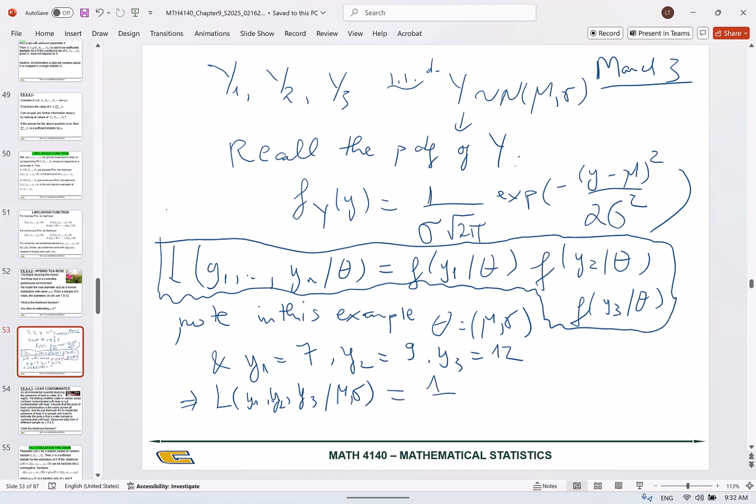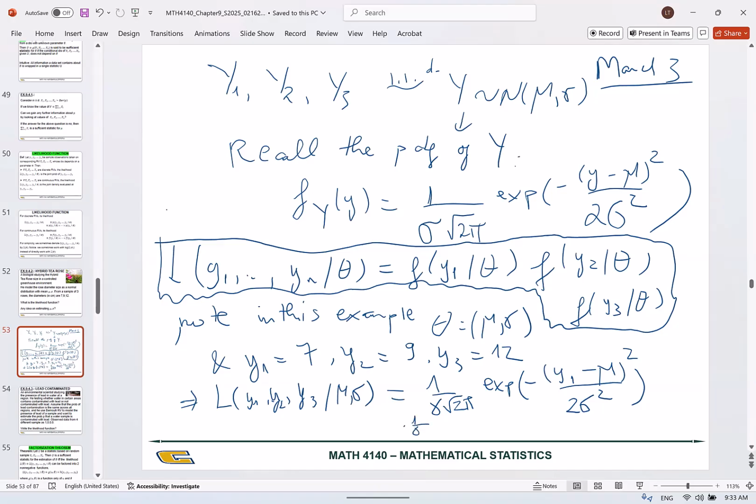It will be 1 over sigma root 2 pi, exponential of y1 minus mu squared over 2 sigma squared. So maybe I just make it slow first, and after that we can move a little bit faster. This is F of y1 given theta. And similarly, you can also get y2.